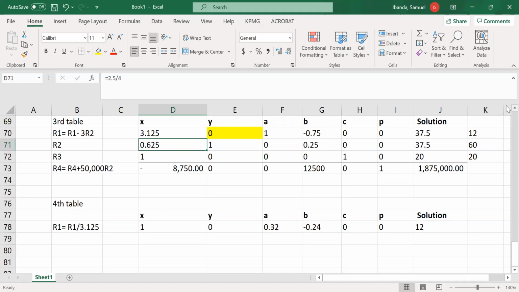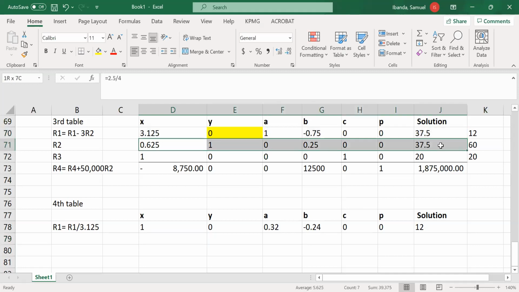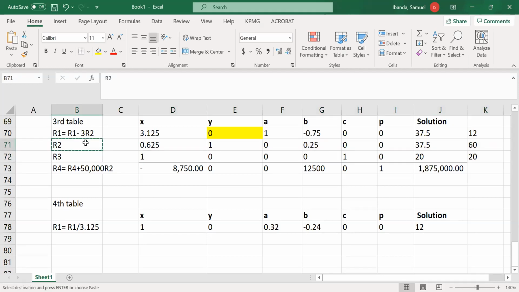So let's see how this is, because this was our third table. Instead of rewriting this, I can rewrite all this information right here, and then start making them 0. Or else I can make them 0 from here. So what I will do is my row 2 has to be 0. So ideally this has to be 0.